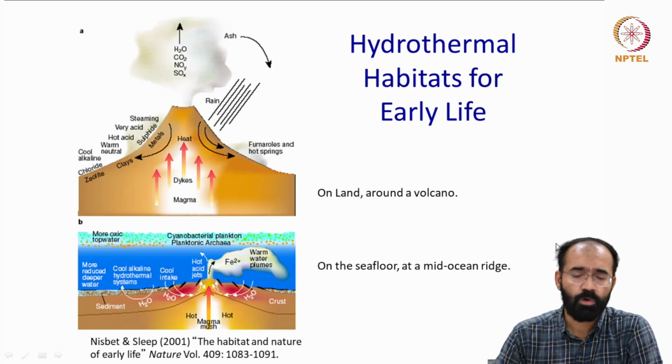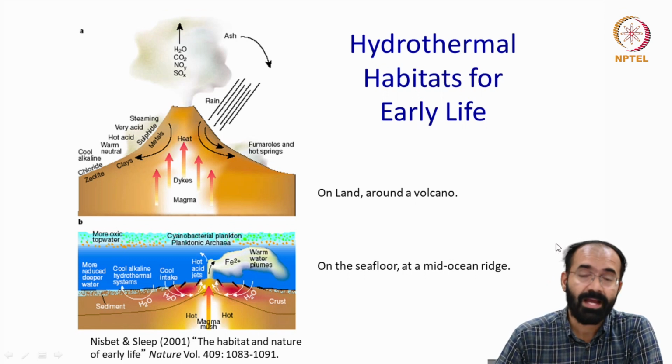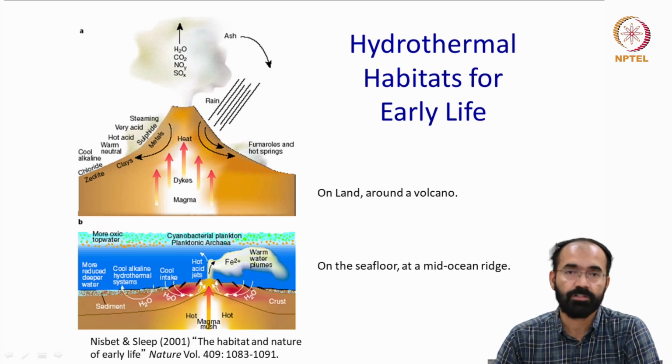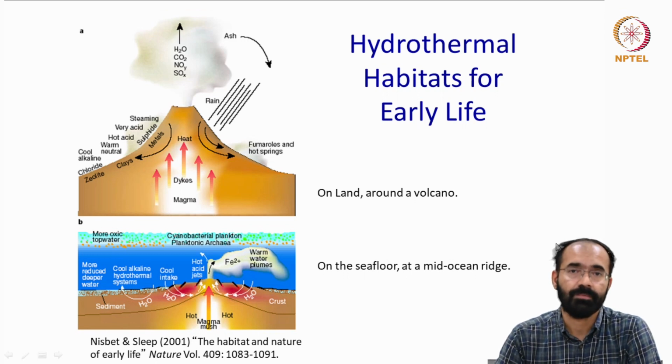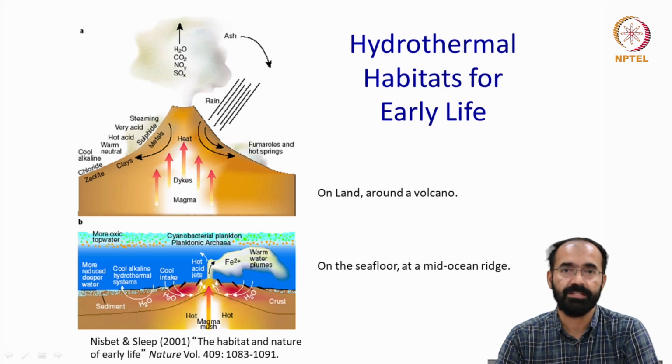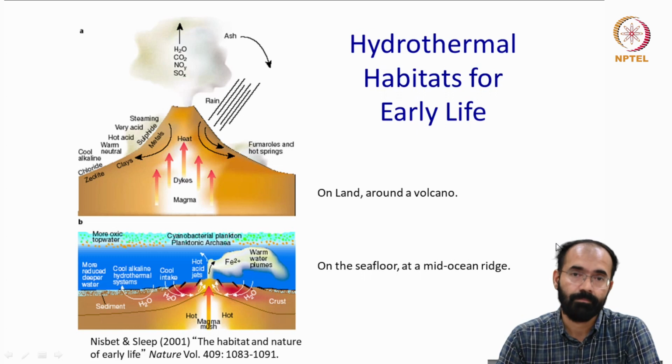One more point which we discussed was the hydrothermal vents. So what are hydrothermal vents? We know that under the planet surface there is very high temperature, and where the planet's crust is thinner, there is a chance that this high temperature beneath the Earth's surface will be exposed to the atmosphere.